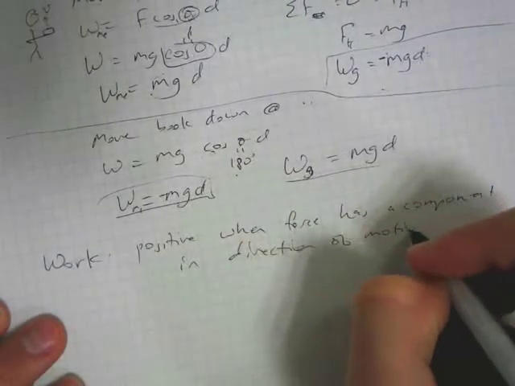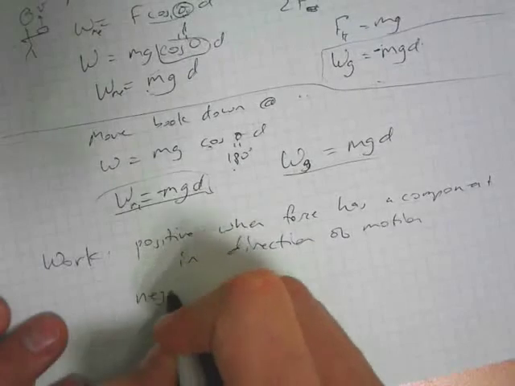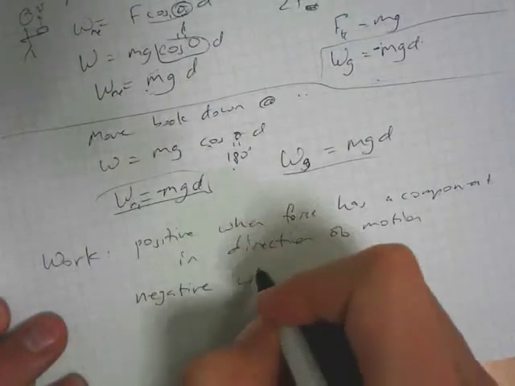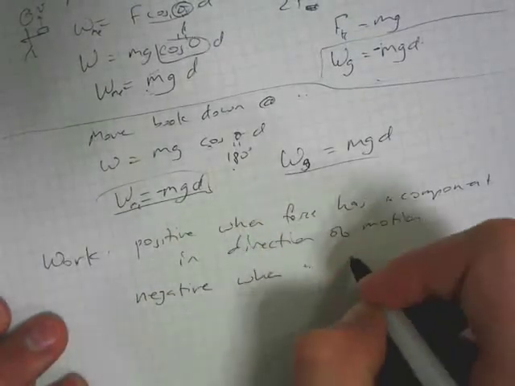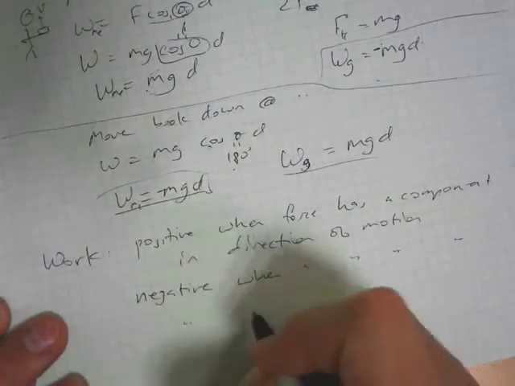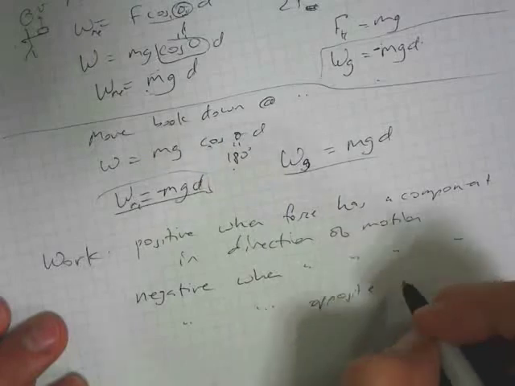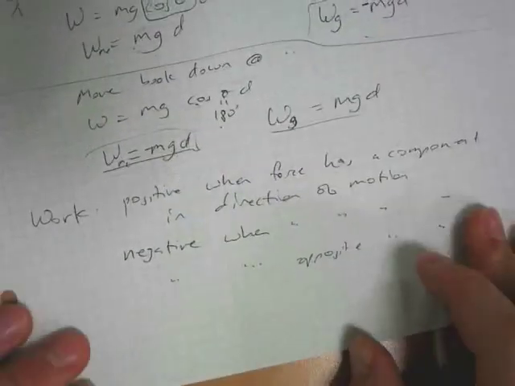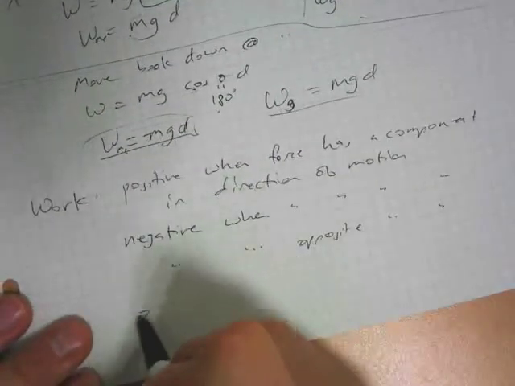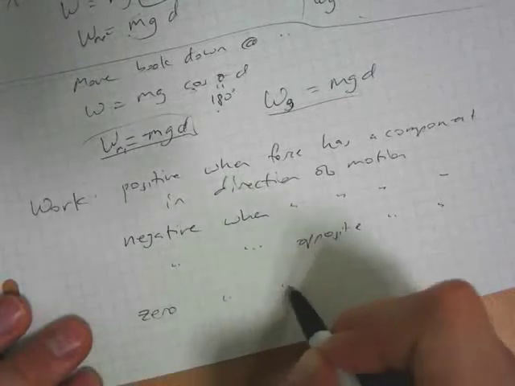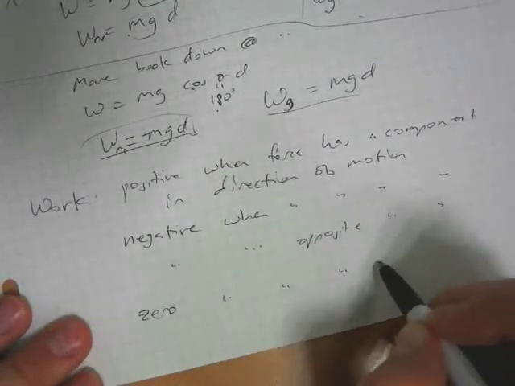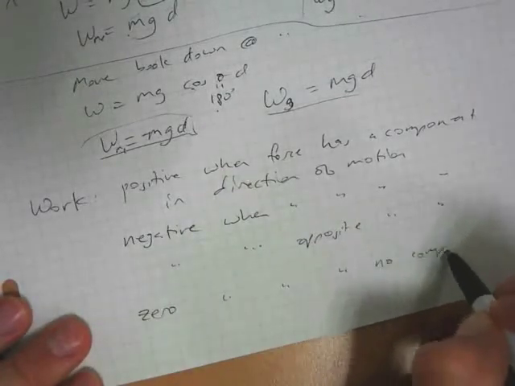The work done is negative when the force has a component in the direction opposite of motion, and 0 when the force has no component in the direction of motion.